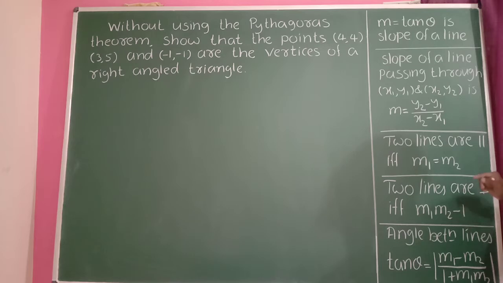And if you want to find the slope, then you have to use this formula. The line passing through 2 points has its slope given by the difference of y coordinates divided by the difference of x coordinates. So we are using these two results in this example.